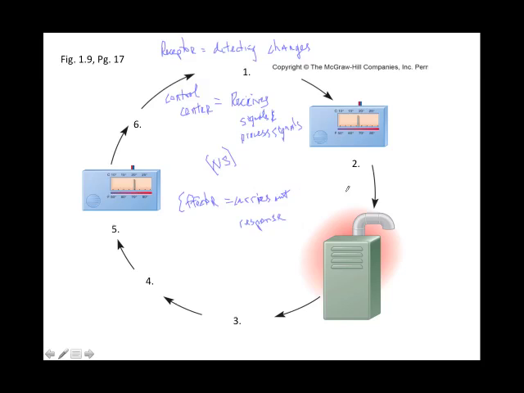So, for example, you're cold, your body temperature drops, your thermoreceptors detect that change. They send those signals to the nervous system. The nervous system decides what to do, sends a signal to the effector. One of the things that happens is you start to shiver.